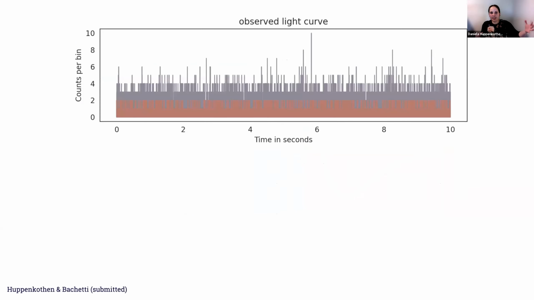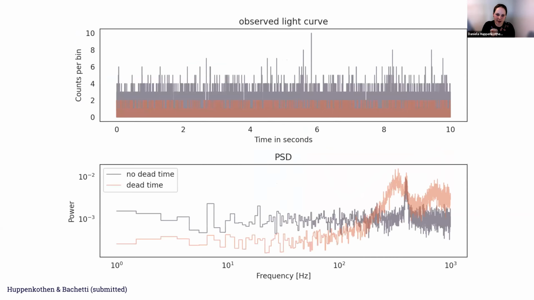And so here's an example that I simulated, where in purple you have the time series without this effect, and in orange you have this time series with this effect. And if I do the periodogram, this has a quasi-periodic oscillation in it. Here's what you find. In purple, you have what you would expect.